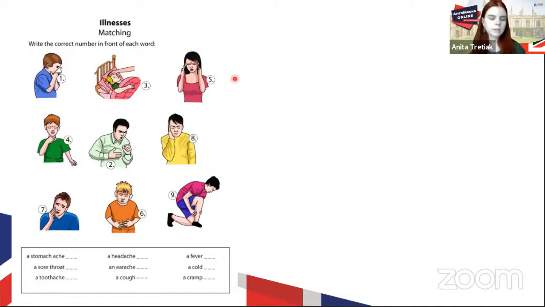Yeah, number 5 has a headache. Okay, what about number 4? Yeah, that's true. He got a sore throat. Yeah. Then number 2, I see that you have already written. Number 2, it's cough. That's right.